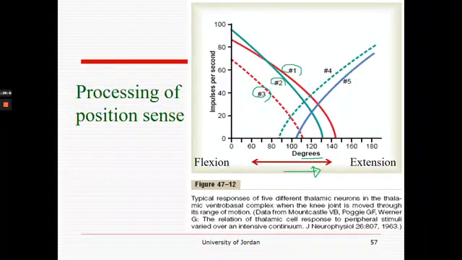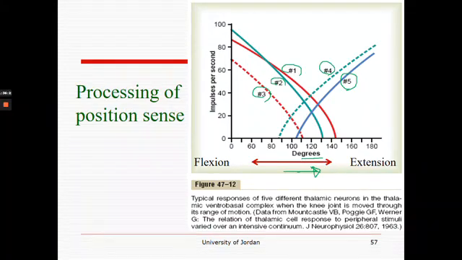As you see, when you move this way, their number of impulses is decreasing, but the number of impulses at neurons 4 and 5 is increasing. So if the number of impulses in 1, 2, and 3 is decreasing and the number at 4 and 5 is increasing, the system knows that this is an extension.